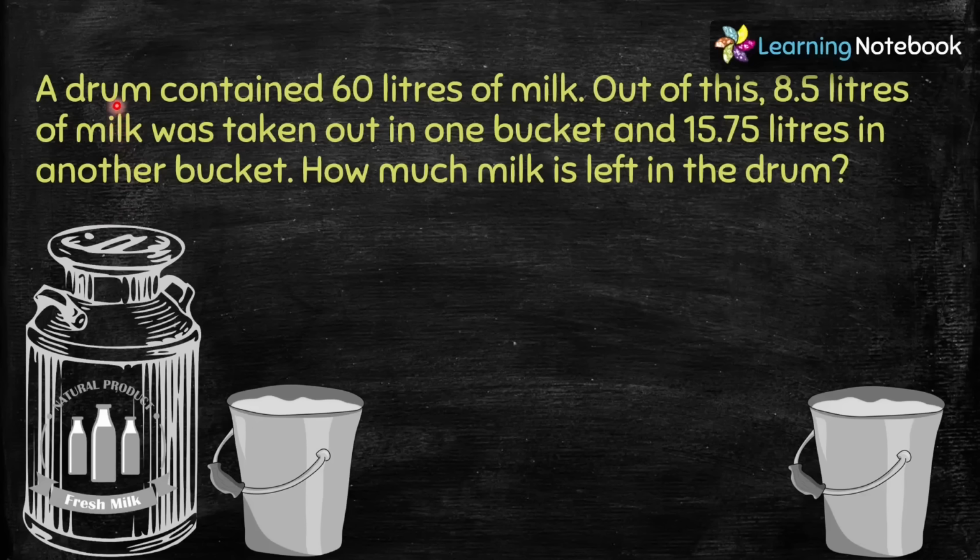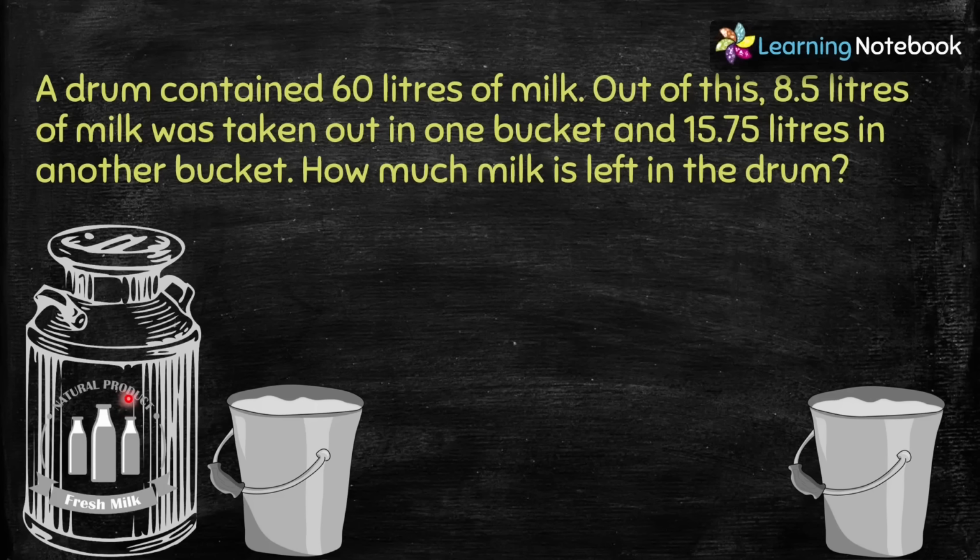There is a drum having 60 liters of milk. Out of this, first 8.5 liters of milk was taken out in one bucket, and then 15.75 liters of milk is taken out in another bucket. So we have to find how much milk is now left in the drum.